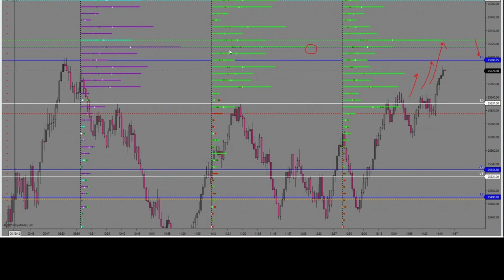And this histogram are the Gexbot bars that are representing the 0 DTE data. Those positions expire the same day.